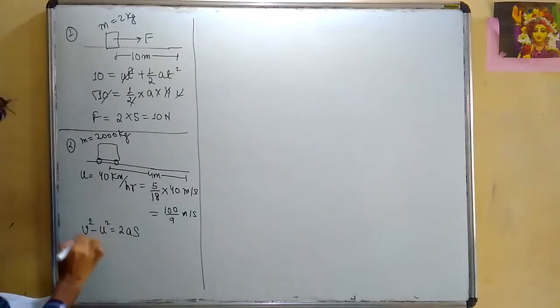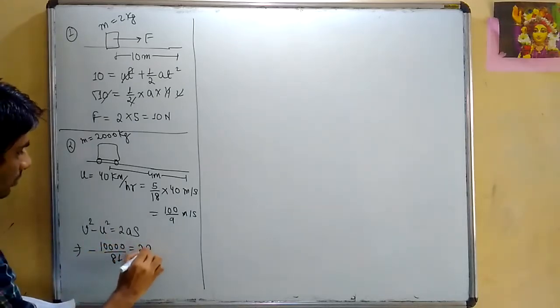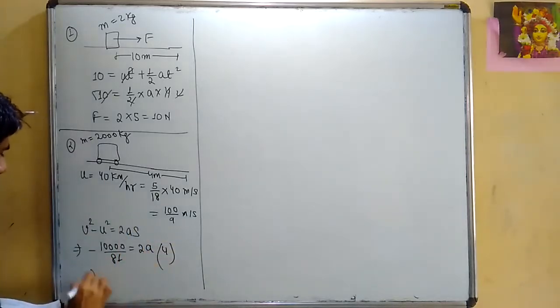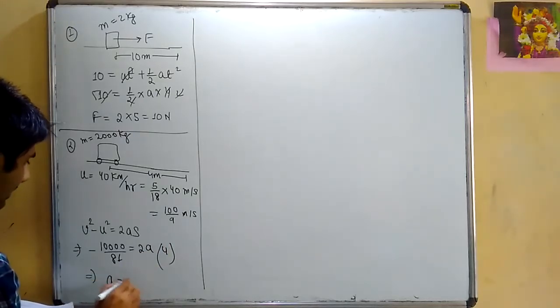V square is 0, so it will be minus u square. So it is u square equals 2 into acceleration, and s, if you carefully see, it is 4. So this implies acceleration is coming out to be negative, and how much is it? This is 8. So this is 1250 by 81.